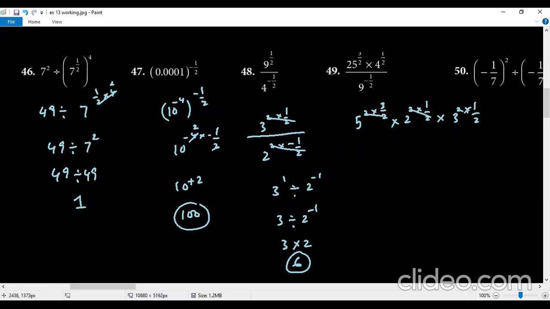This 2 cancels, this 2 cancels, and this 2 gets cancelled. So we have 5 cube times 2 times 3. That means 5 times 6 is going to give us 30. It is going to be 50 and 7.